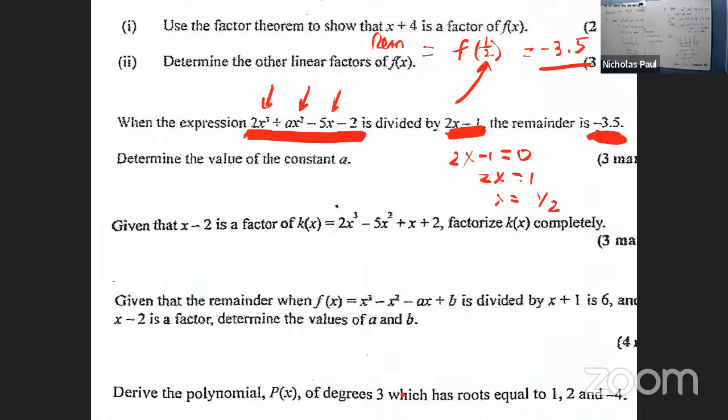So if you use the theorem, you multiply by a half: u plus a times a half squared minus 5 times a half minus 2. If you plug in a half, you will get minus 3.5.